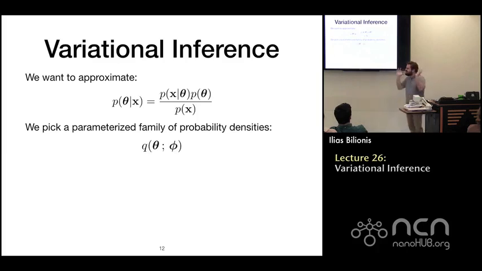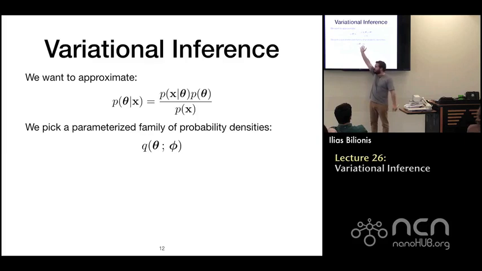Let's pick a specific class of distributions within which we're going to try to find it. Okay, this class of distributions is defined by Q. Q is the approximation of the distribution, and these phi here are parameters that you use to describe this distribution.